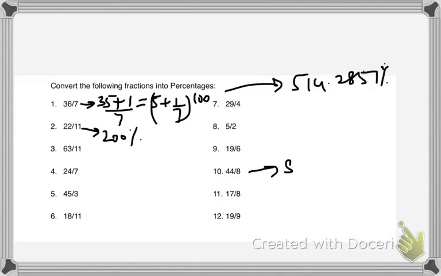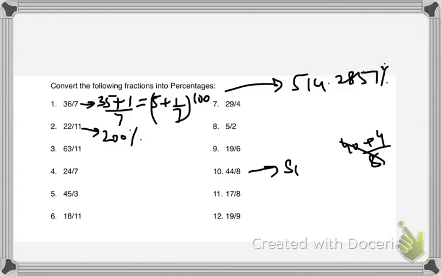Now moving on to your 10th question, that is 44 by 8. If you observe, this can be reduced further. Either you can divide by 4 or 2, or you can simply split 44 into 40 and 4, which you can write as 40 plus 4 by 8.